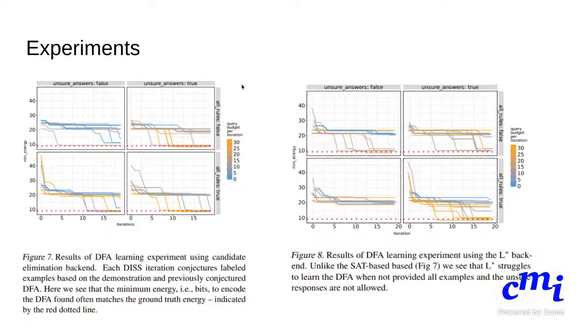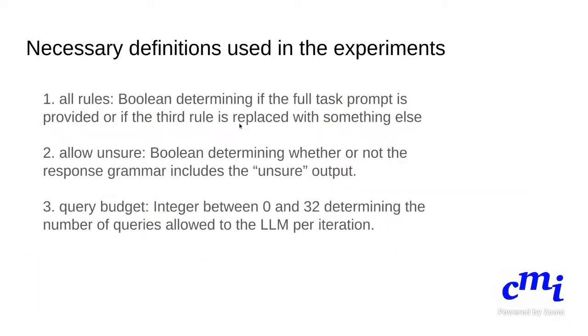So these labels that are given here: unsure answers, all rules, and then this query budget. All rules means we are trying to understand if it is necessary to give the LLM all the specification, or if it is allowed for us to forget something.